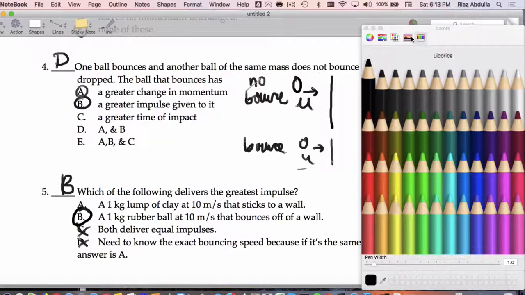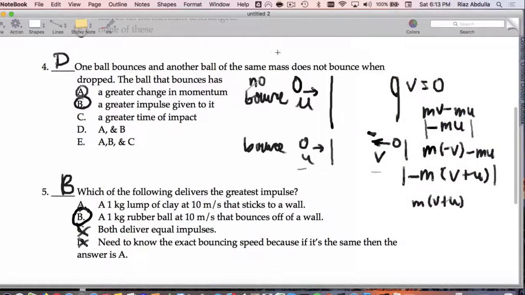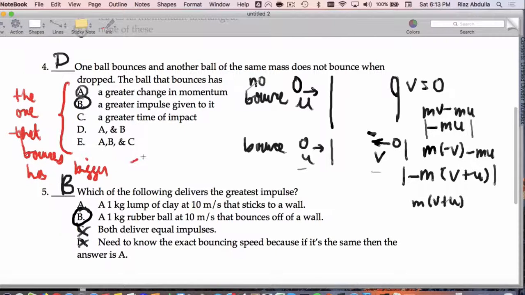If you're not clear on the logic, a good thing to memorize to take to your next physics class is: the one that bounces has bigger impulse and delta P if u and m are the same.